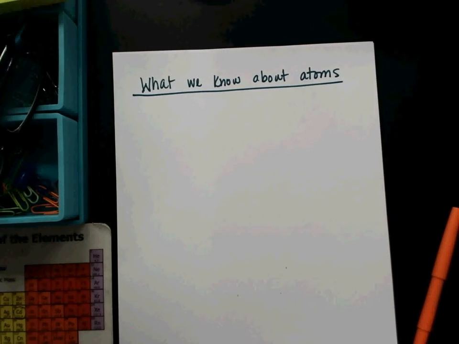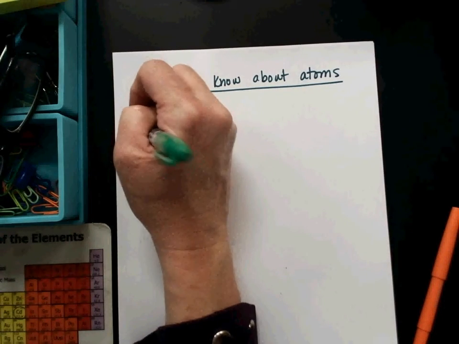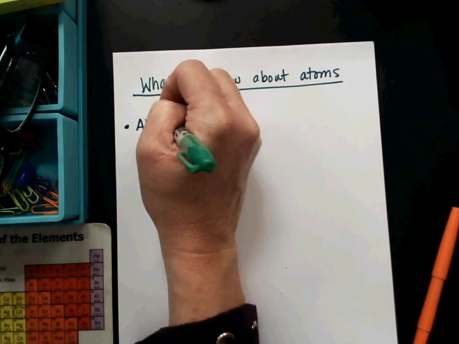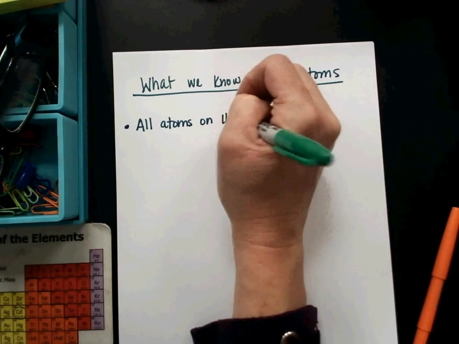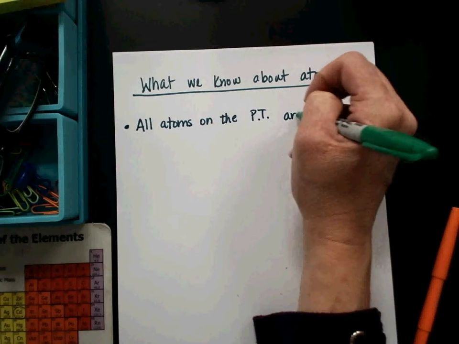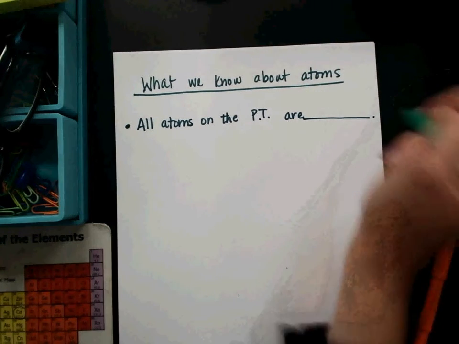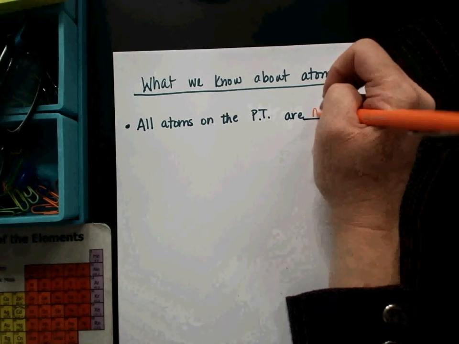For sure, there's two things you should already know. All atoms on the periodic table are, what'd you say? Neutral. They're all neutral.